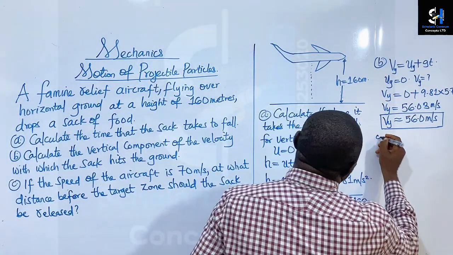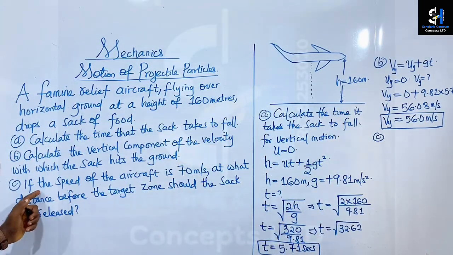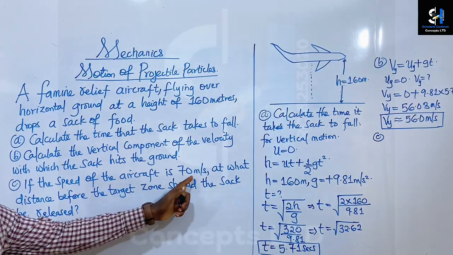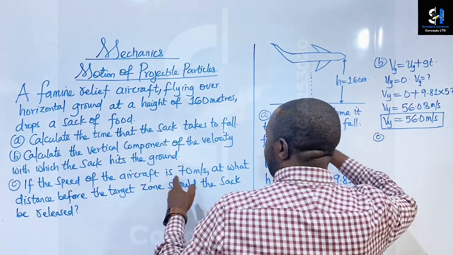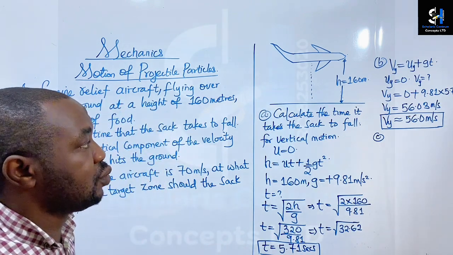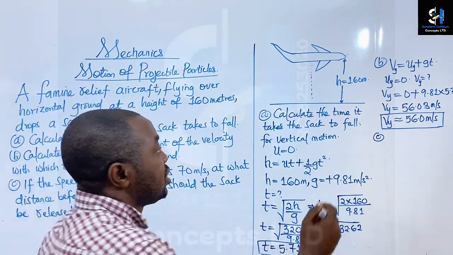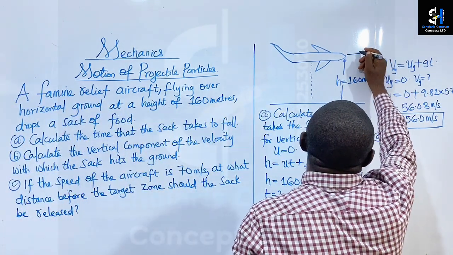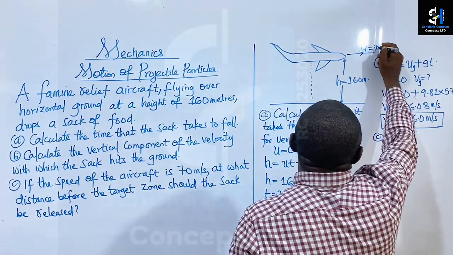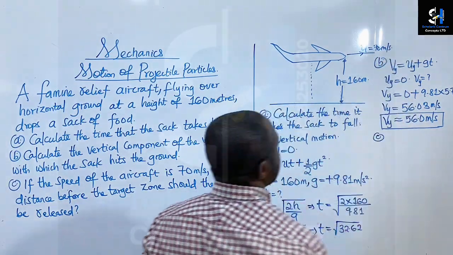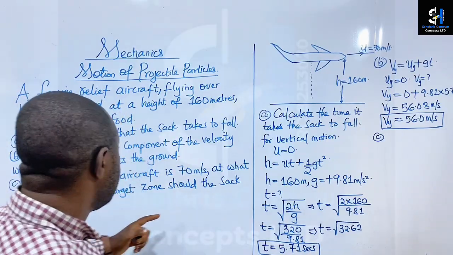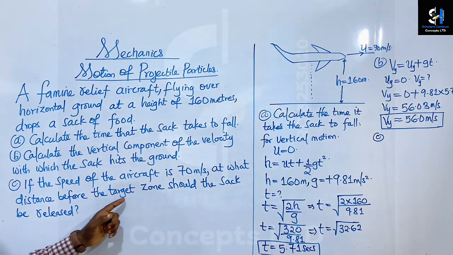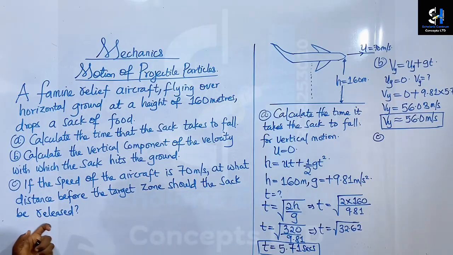All right, so next we have, if the speed of the aircraft is 70 meters per second, that means the speed of the aircraft, remember the aircraft is moving horizontally, so its velocity will be 70 meters per second. That will be the horizontal velocity. Then at what distance before the target zone should the sack be released?